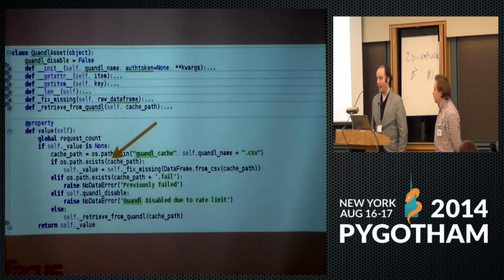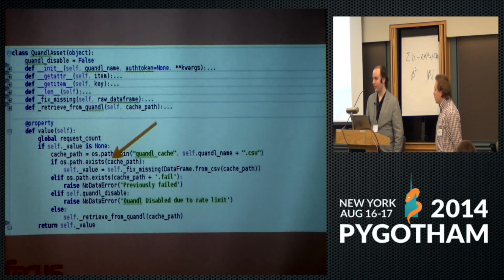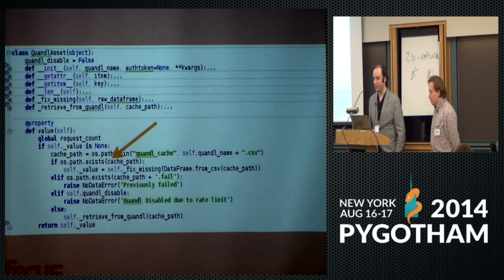And then for the asset, when you go to access the values off of it, which is of course actually hidden behind getAdder and getItem, we check whether it's in a cache, because Quandl's going over a web service, and pretty much even with the size of, you're pretty much going to hit rate limits if you go requesting it every time, so you do need to cache it.